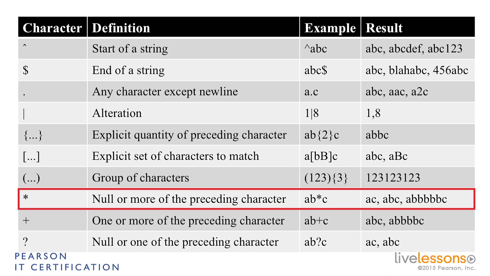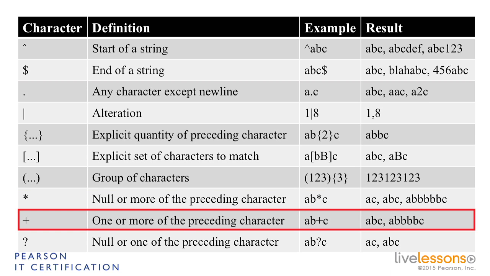Then we have star, which is also known as asterisk, which matches null or more of the preceding character. So if you would look for AB*C, you would get a match on AC, because that's a match of null times B, or on ABC, or on ABBBBC. Whatever amount of B's you would have would match.